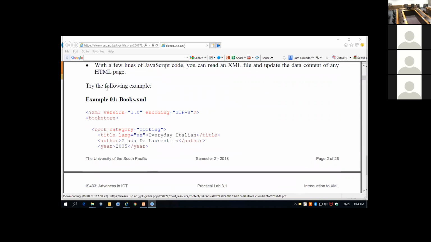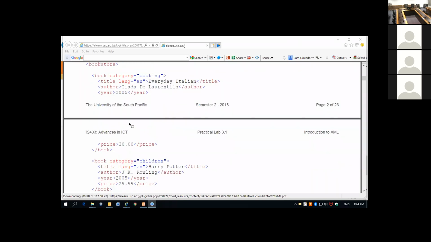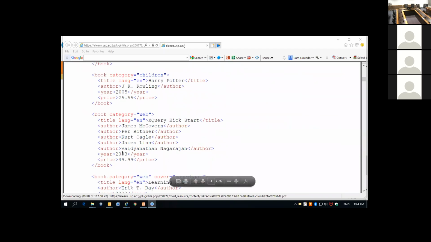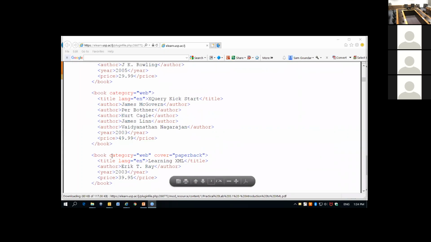For example, the very first one is a books XML example that is going to render into the browser the names of books, the title of books, and the book category, as well as it will generate onto the web who wrote which book.